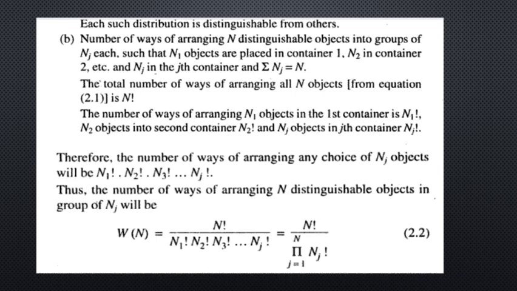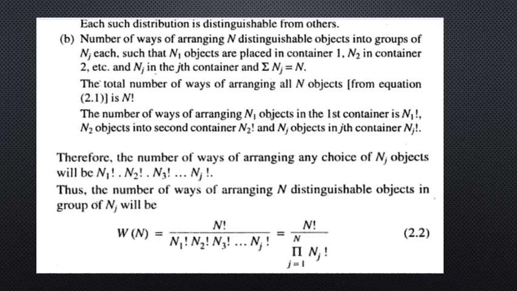The number of ways of arranging n1 objects in the first container is factorial n1, n2 objects into the second container factorial n2, and nj objects in the jth container factorial nj. Therefore, the number of ways of arranging any choice of nj objects will be factorial n1 into factorial n2 into factorial n3 into factorial nj.